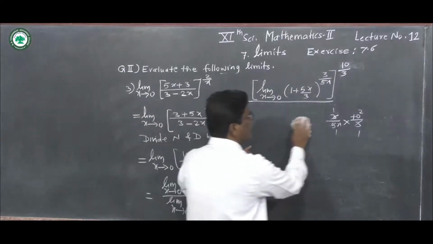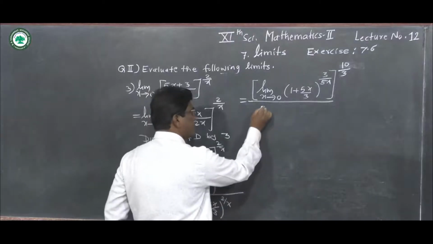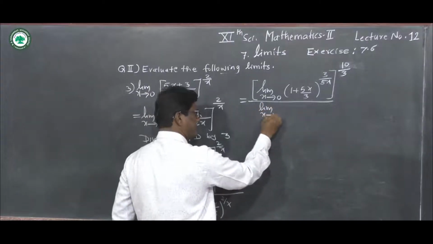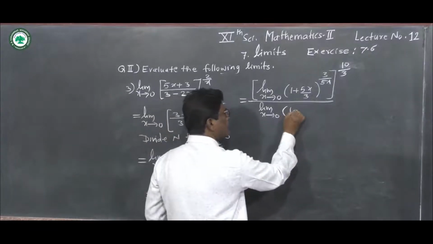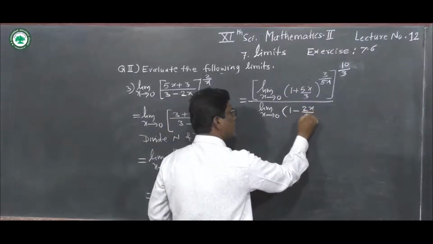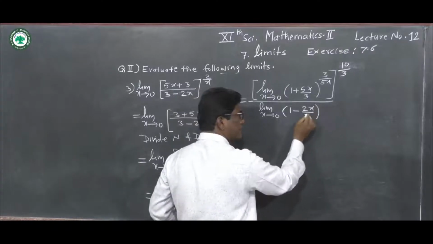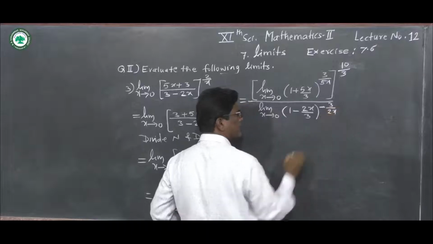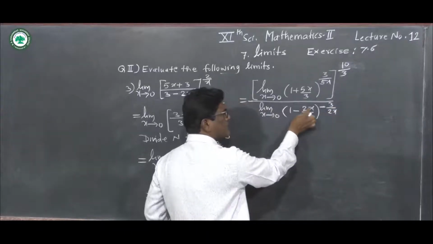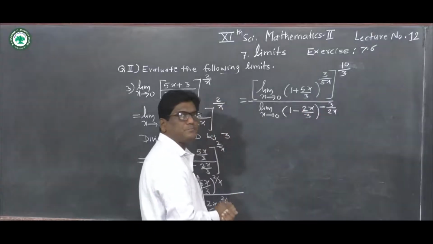Now in the denominator, limit as x tends to 0, 1 minus 2x upon 3. Now take the reciprocal of this, that means minus 3 upon 2x. The reciprocal of 2x upon 3 is 3 upon 2x, and take the minus sign here.